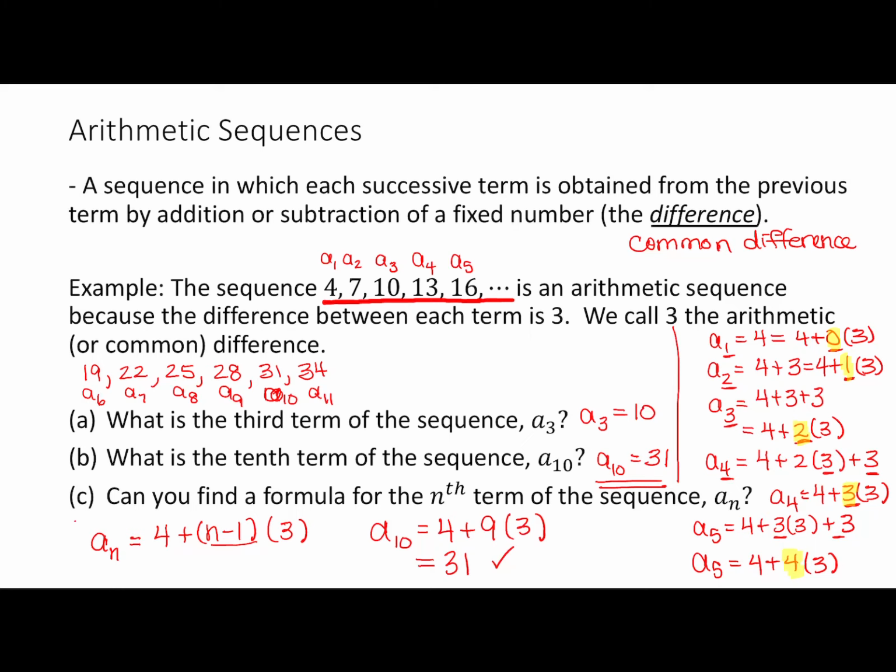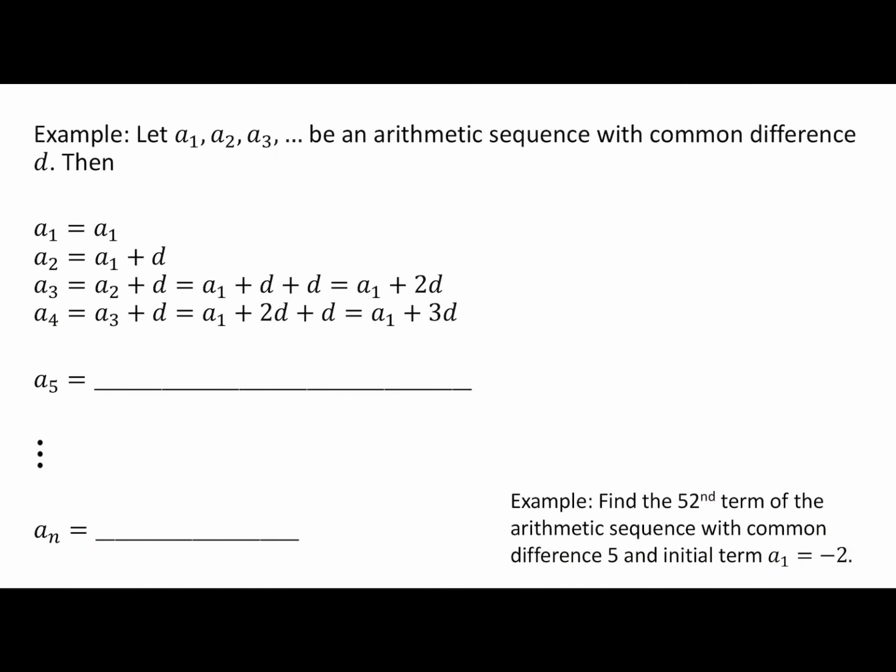Okay, so this is my general formula for the nth term of this sequence. We can do this in general for any arithmetic sequence. So let's look at how we would do that. I'm going to let A1, A2, A3, and so on be an arithmetic sequence that has common difference D. Then we want to get a formula for the nth term of the sequence.